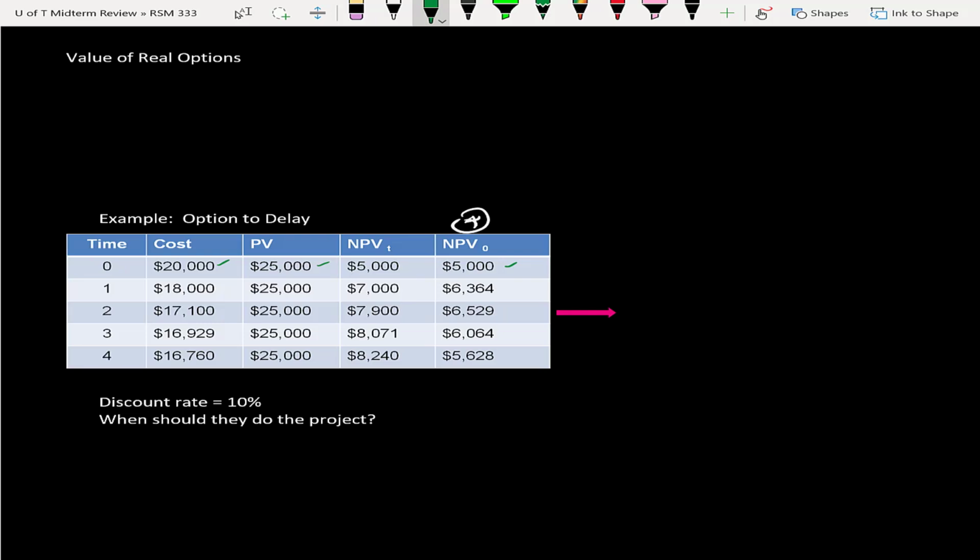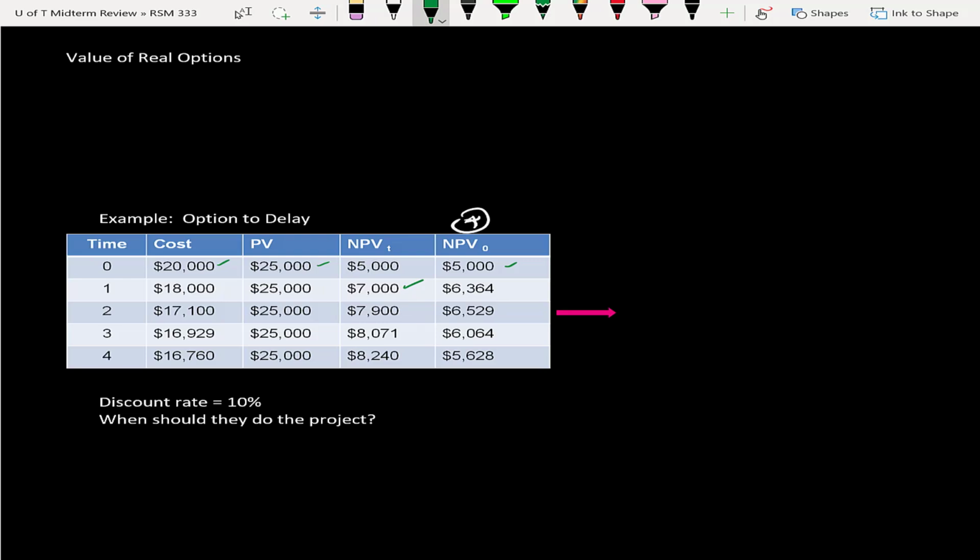Now, what if this machine becomes cheaper next year and it's going to be 18,000, and it'll still generate the same 25,000 over the life of this machine? Would it make sense to delay it? Well, the NPV at time t would be the 25,000 minus the 18, so it'd be $7,000. This is in year 1.